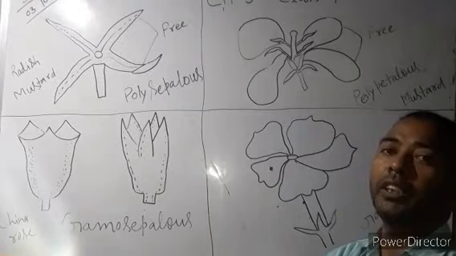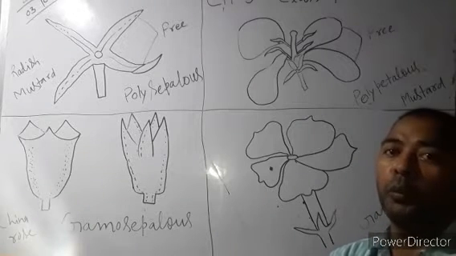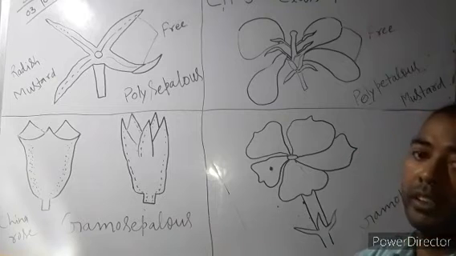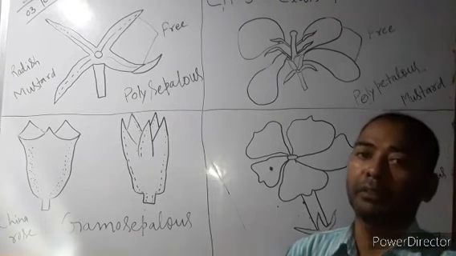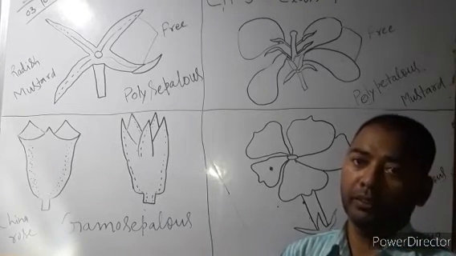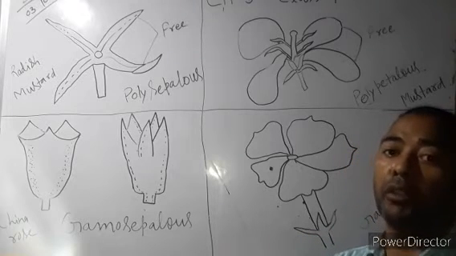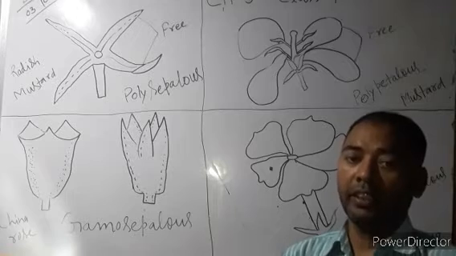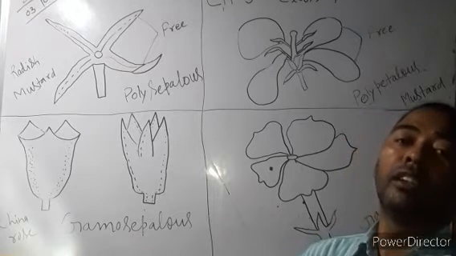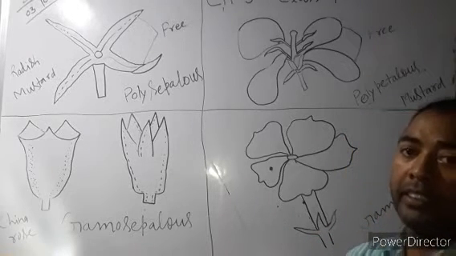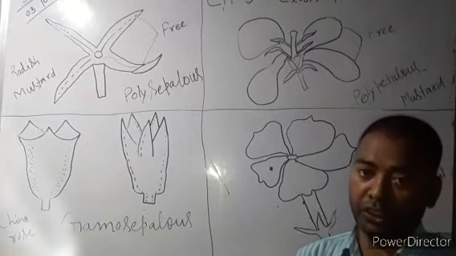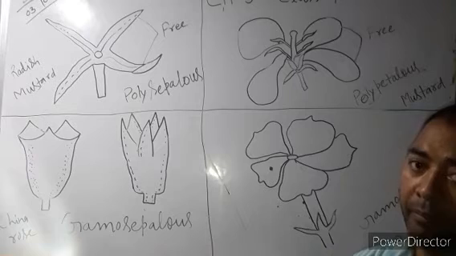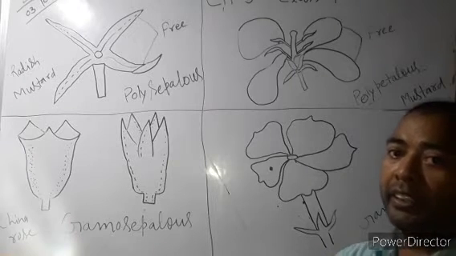Yes, students, as I told you, we will discuss one by one the different types of floral parts, or the parts which are important for the flower. Let us take first of all the first part, the outermost structure, known as calyx.